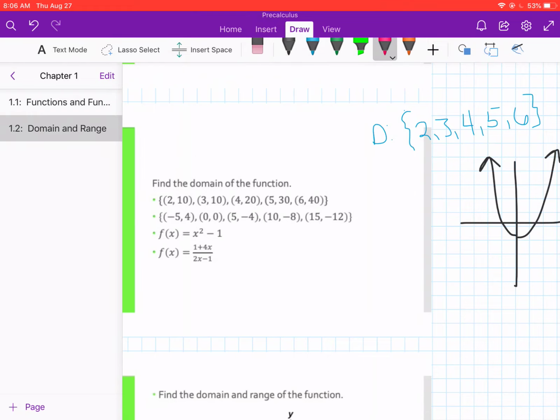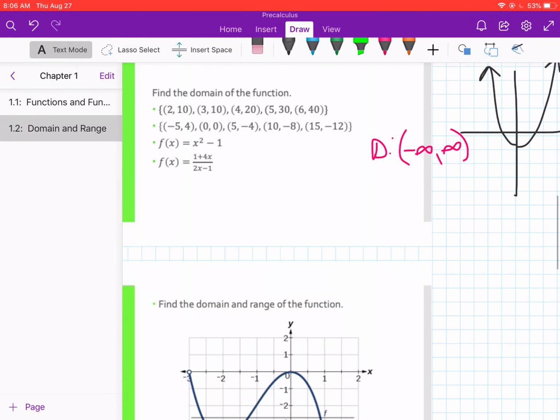It keeps going on forever and ever in either direction, so there's no x that we can't plug in. So our domain starts at negative infinity and goes to positive infinity. And we're going to use parentheses because remember, we always use parentheses with infinities. I will leave the second one for you to try on your own.